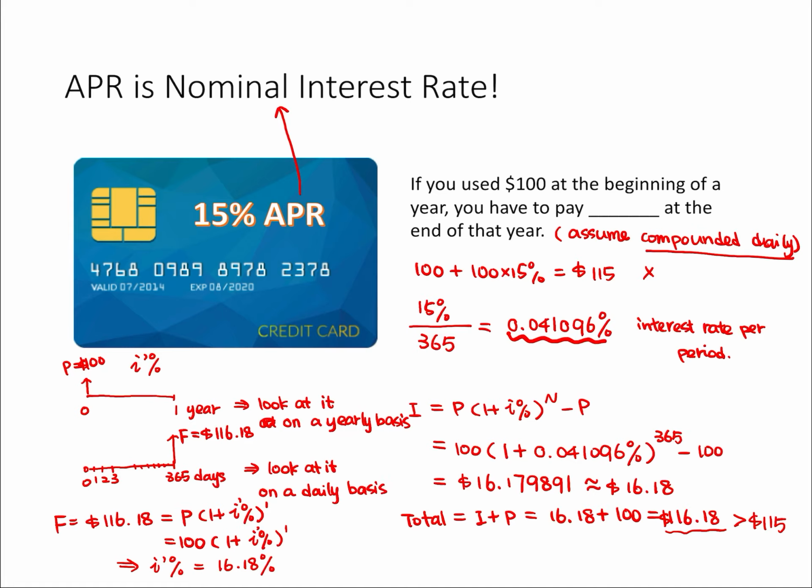So now we have learned 3 concepts. One is the nominal rate. It's a fake rate. It's just a saying. Second is the interest rate per period, which is actually what you used for calculation on a daily basis. Okay? Third is the effective annual interest rate. This interest rate is just to look at the same timeline, same cash flow, but you want to somehow convert it on a yearly basis.